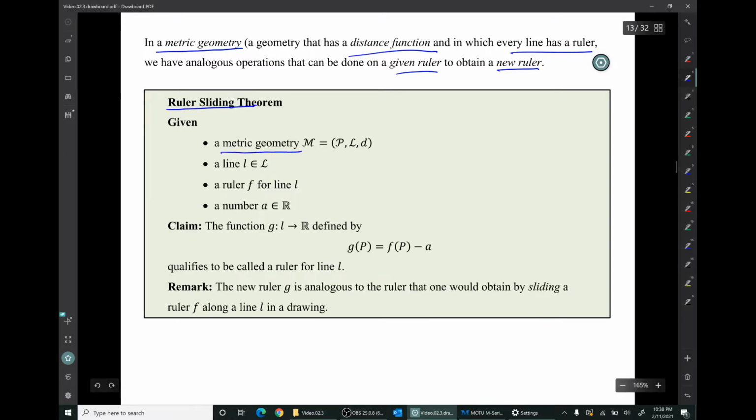So given a metric geometry, given a line, and given a ruler f for that line, and given any real number a, the claim is this new function called g that's defined this way, g of p equals f of p minus a, that function defined that way qualifies to be called a ruler for line L. So this new ruler g is analogous to the ruler that you would get by sliding a ruler along a line in a drawing.